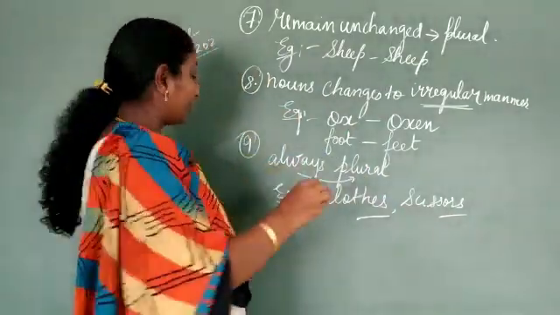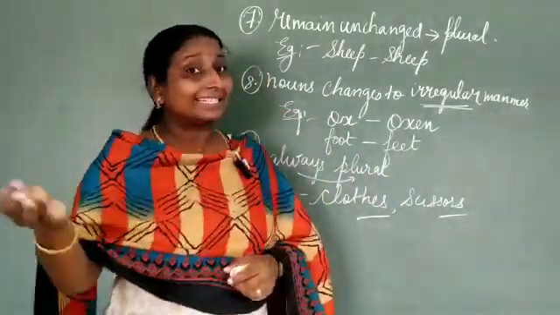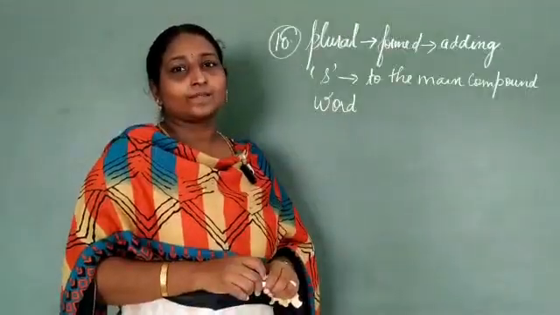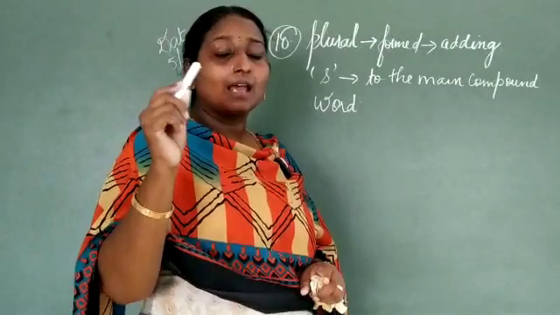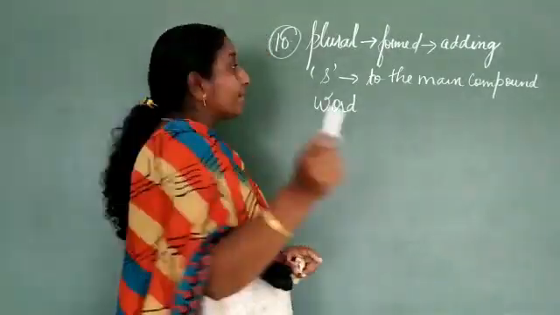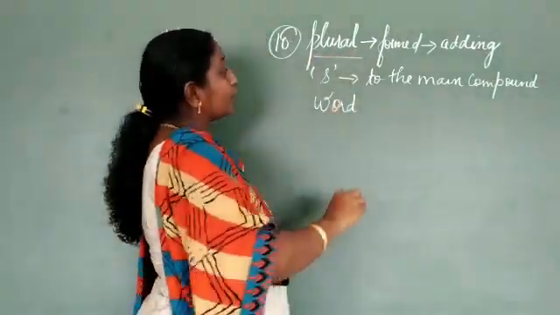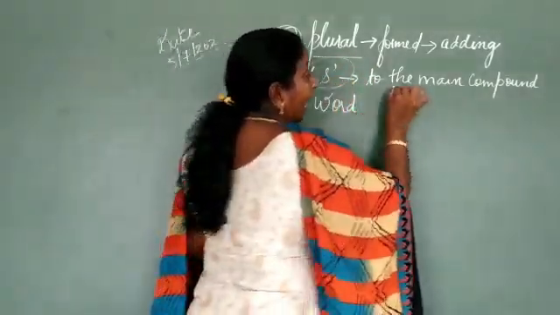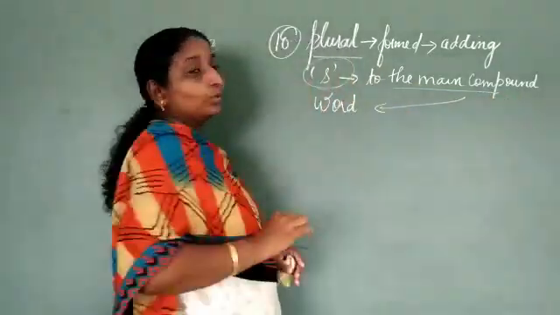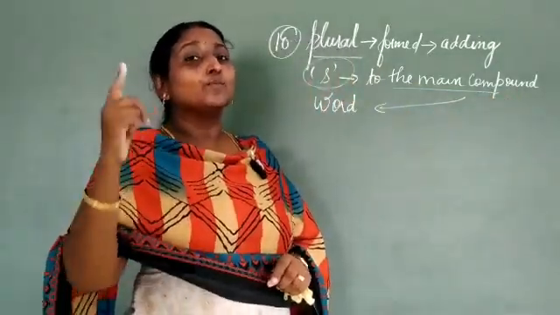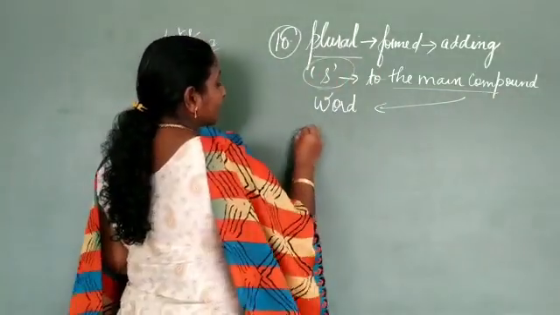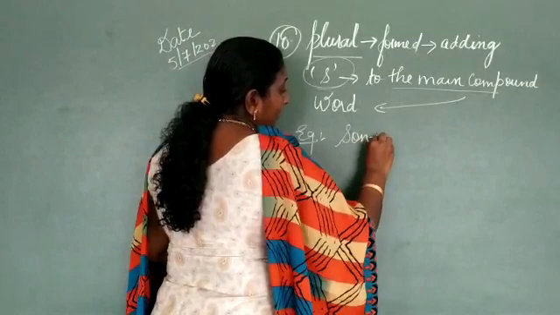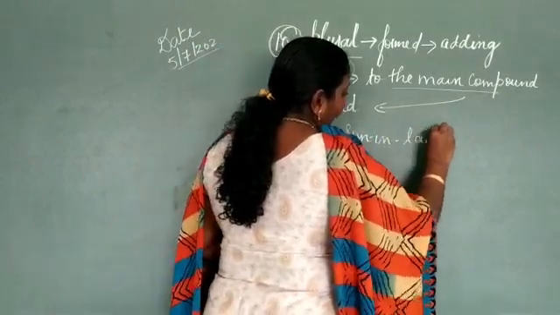Understood? And I just moved to the 10th one, the last point now. Now children, the 10th, the last point that you have to remember is, some plural forms, where you have to add S to make plural, you have to add it to the main word in its compound form. Compound means more than one word. Suppose the word is son-in-law.